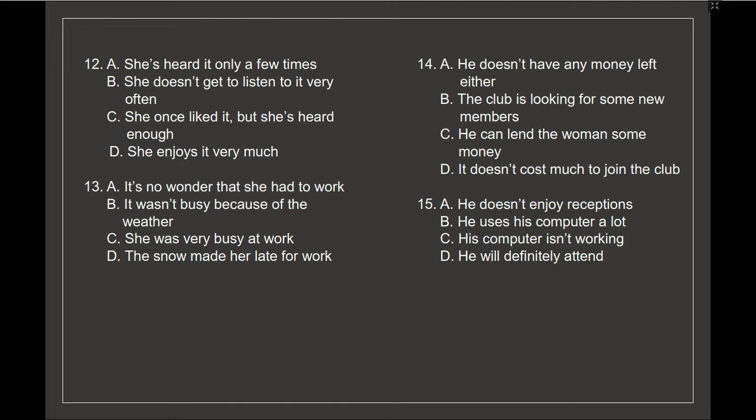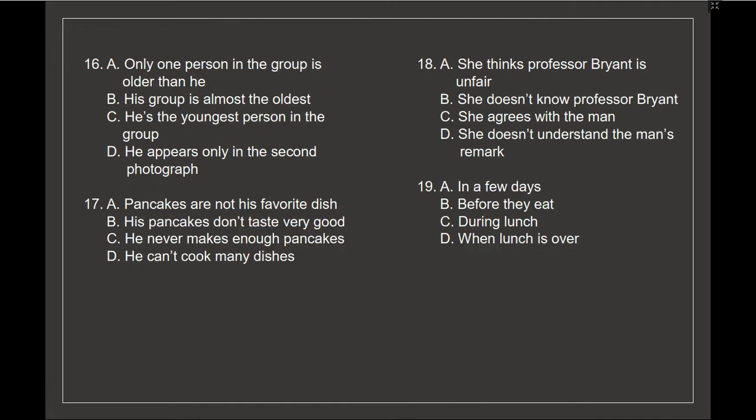Number 15. "Is Clark going to come to the reception with us?" "If he can tear himself away from his computer for one evening, he might." What does the woman imply about Clark? Number 16. "In this photograph, Gordon looks like the youngest person in your group." "Actually, he's the second oldest." What is learned about Gordon from this conversation?